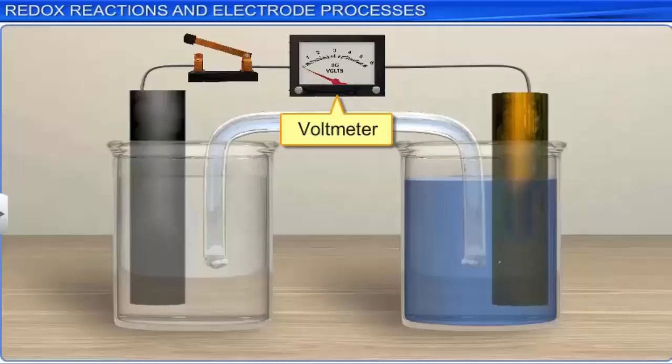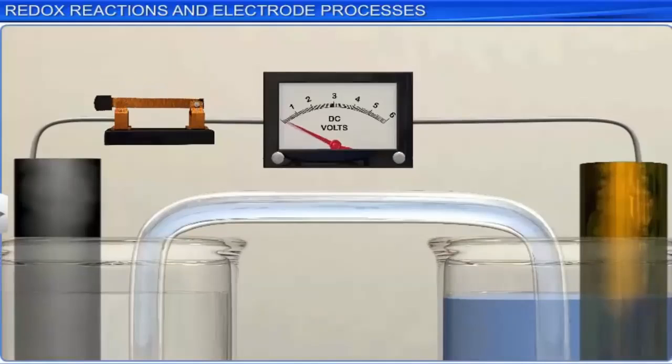When the switch is in the off position, no reaction takes place and current does not flow. As soon as the switch is in the on position, current flows and the reading in the voltmeter changes, indicating that current is passing through it.